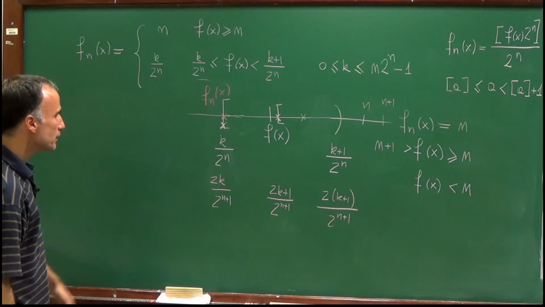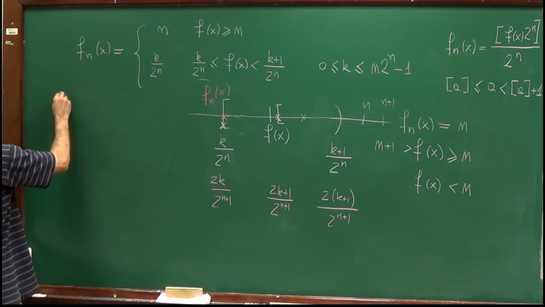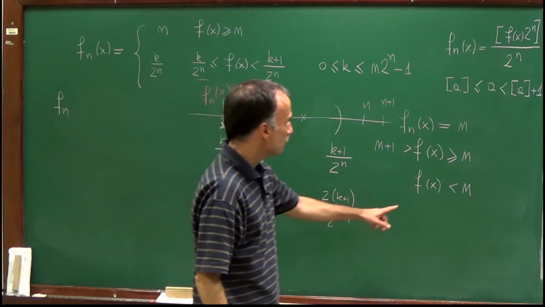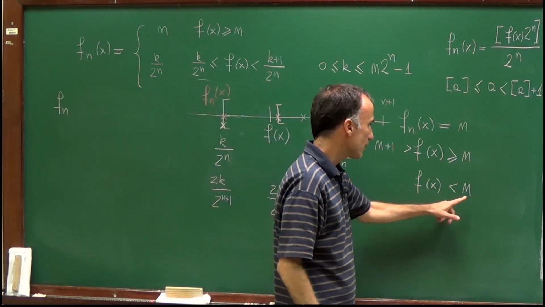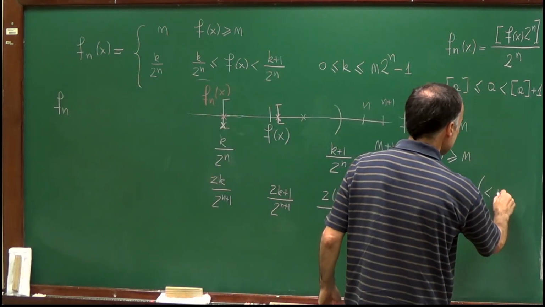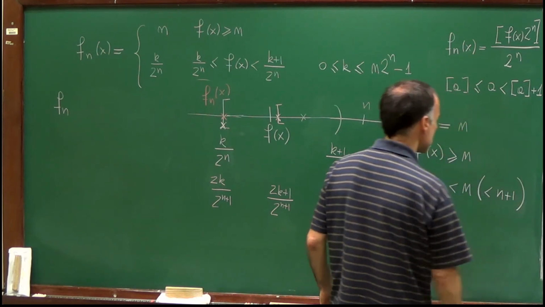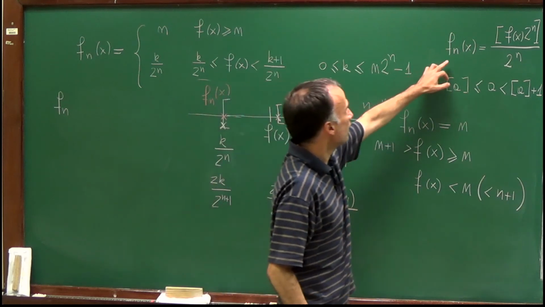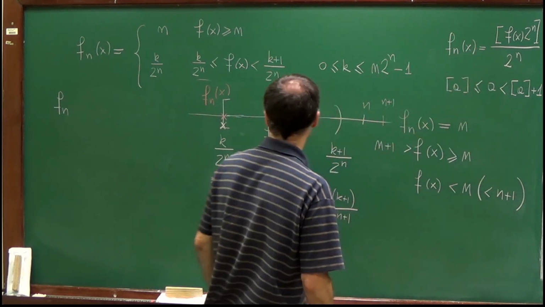So let's prove it. Well, we know that if f of x is smaller than n, and therefore smaller than n plus 1, we know that fn of x is given by this expression.